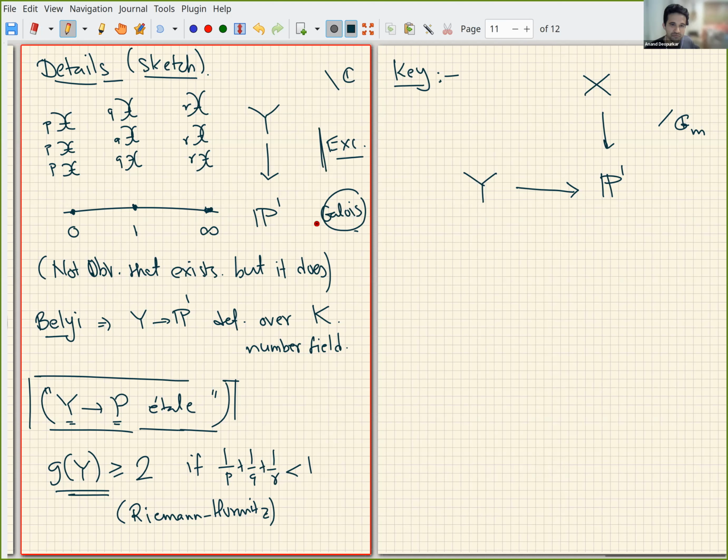That's right. And in fact, you can do it with a normal subgroup. In the paper, they do construct a Galois cover. But what's essential is not that it's Galois, but that it has uniform ramification. You need the uniform ramification. Yes, that's the key point.